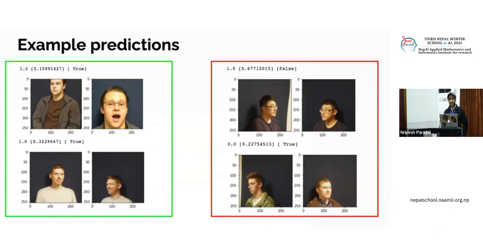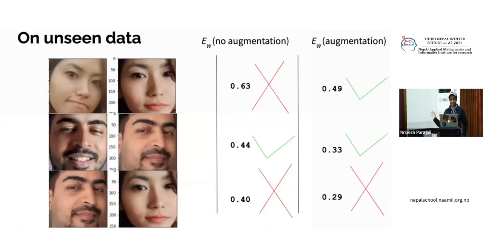Now I have some faces of myself and my friends, which were obviously not in the training data at all. As you can see, this is the same person, my friend, and with no augmentation, it was really bad. With augmentation, it has improved a little bit. This is myself. Slightly different face images, but I have some facial hair, so it's not totally different.